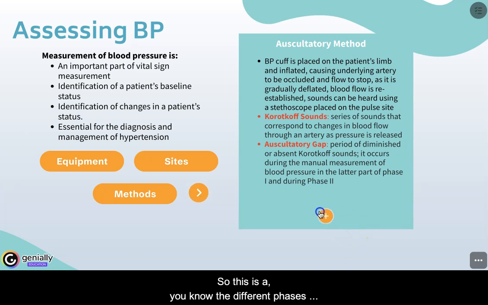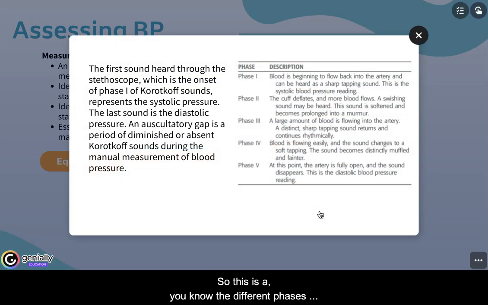So these are the different phases. As you're measuring blood pressure, the first sound heard through the stethoscope, which is the onset, phase 1, is Korotkoff, and represents systolic. The last sound is the diastolic pressure, and the auscultatory gap is the period of diminished or absent Korotkoff sounds.